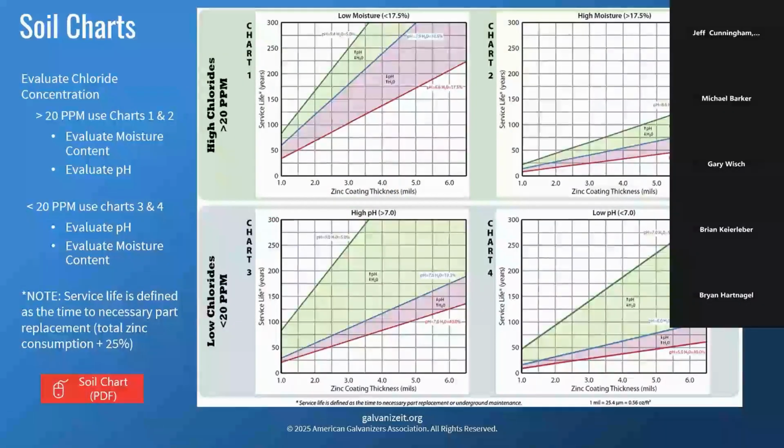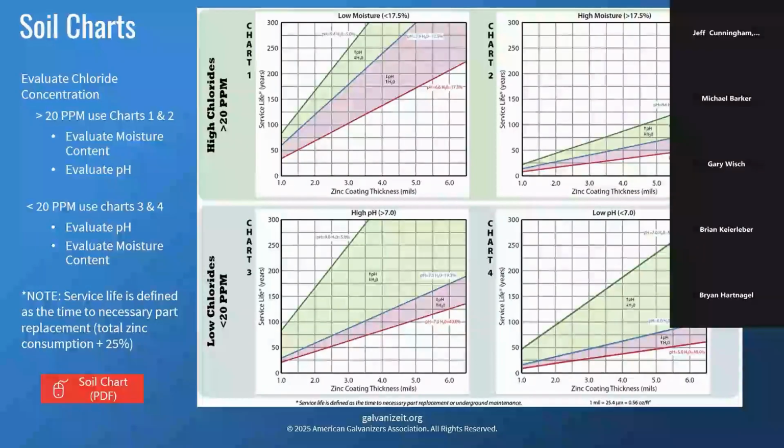Here are some other helpful resources in bridge construction. You're dealing with a lot of soils, so we do get a lot of soil questions. So we've developed these soil charts, once again, off of real world data, and these estimate the full service life of galvanized steel when you know certain elements of that soil.